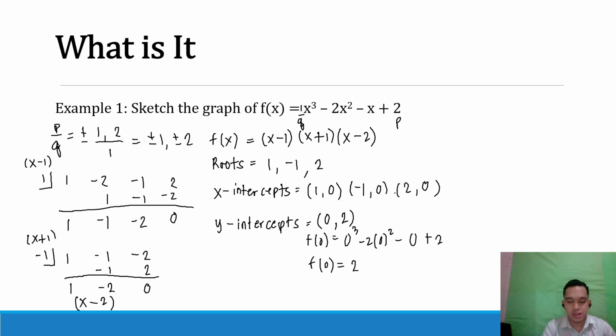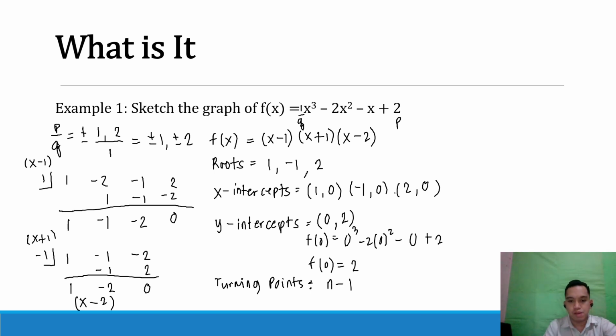Then next are our turning points. How do we find the turning points? The number of turning points is n minus 1.